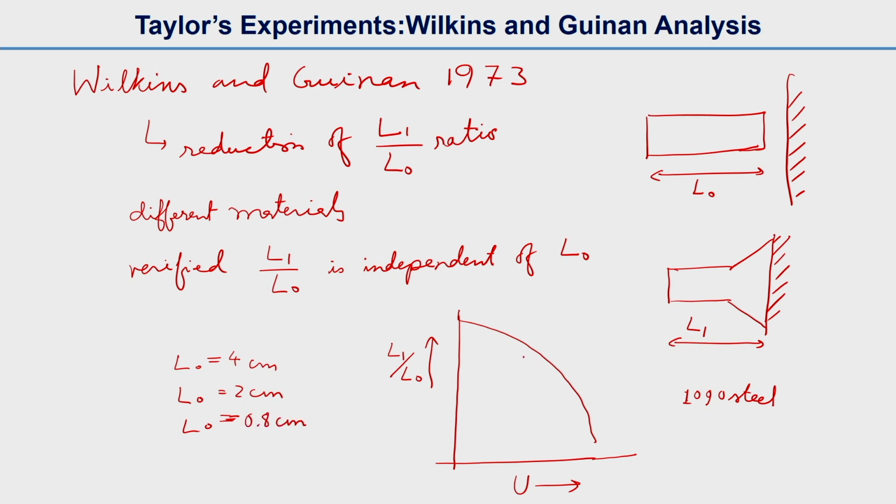They got all the points for all 3 samples, so the L1 by L0 ratio is independent of L0. The points follow this curve.